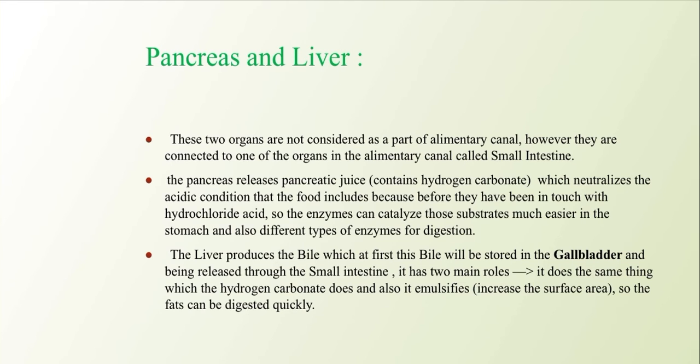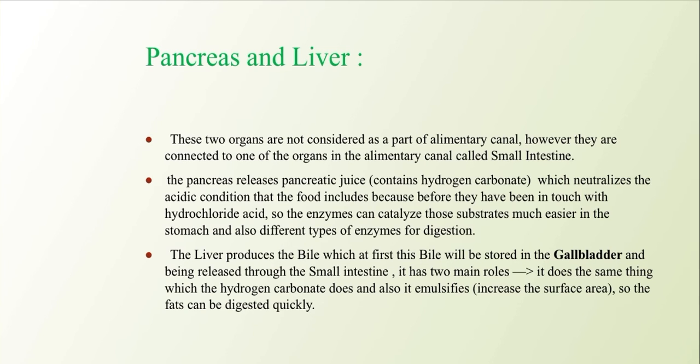The liver produces the bile, which at first will be stored in the gallbladder and then released into the small intestine. It has two main roles. The first main role does the same thing that hydrogen carbonate does, which is in the pancreatic juice.